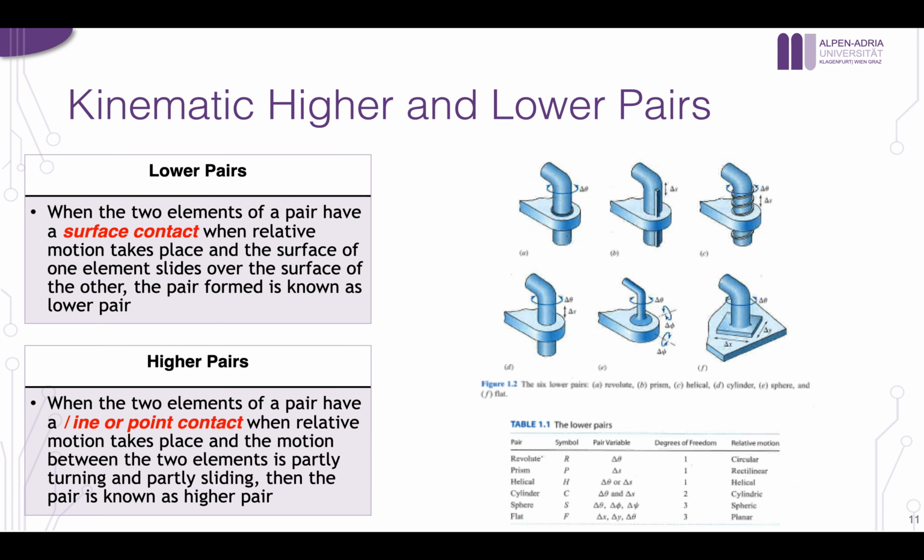This is why we need to rely on these standard joints or standard pairs. This is one main reason. Of course, as I said, the higher the degree of freedom, the more complicated it is. This is also why it's better to reduce the degrees of freedom to be able to model a robot arm.